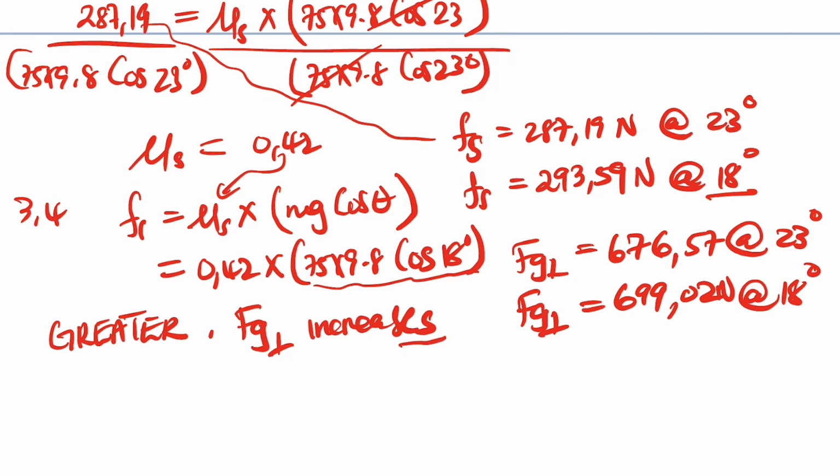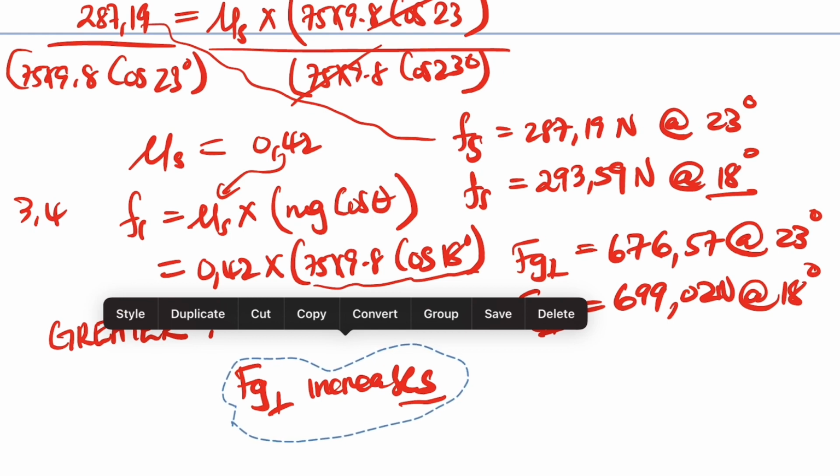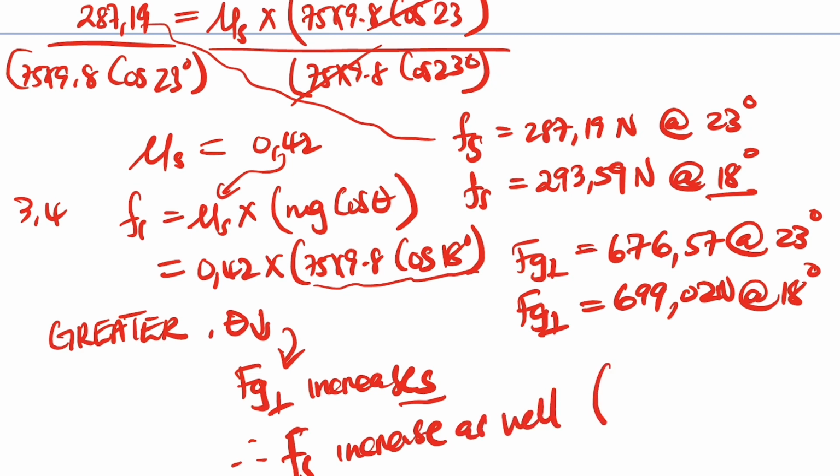Let me put it like this: when the angle decreases, from 23 to 18, your FG perpendicular increases, and therefore your Fs increases as well, because your Fs is directly proportional to your FG perpendicular.